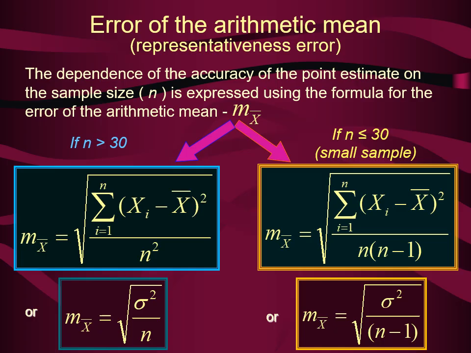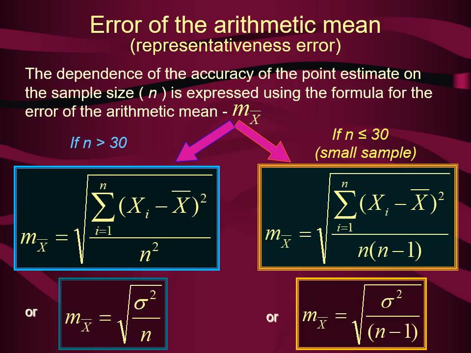The mean representativeness error, or the error of the arithmetic mean, can also be calculated for small samples using the mean square deviation, but only if the mean square deviation is known. In the denominator of this formula, in contrast to the formula for large samples, an even smaller value is indicated.